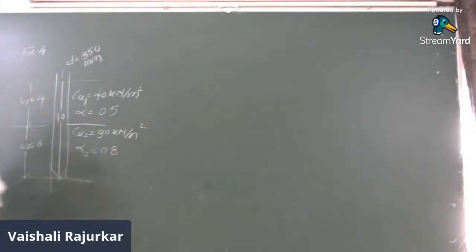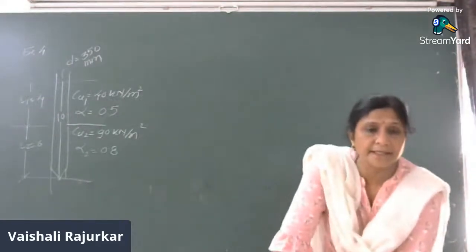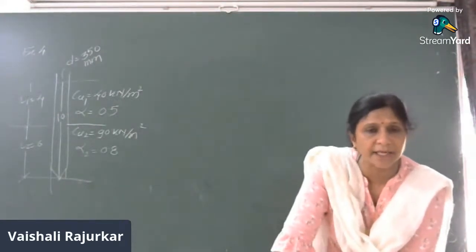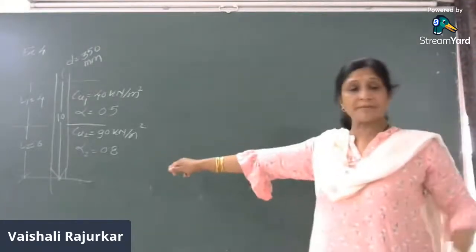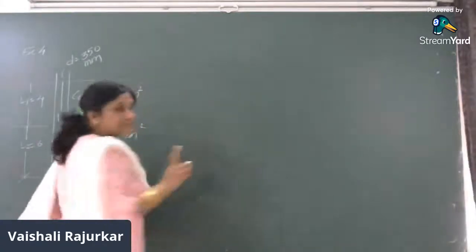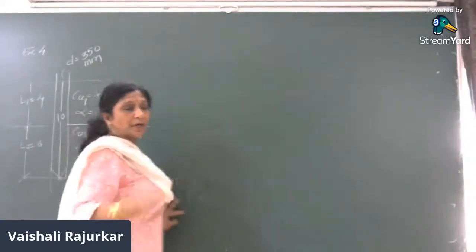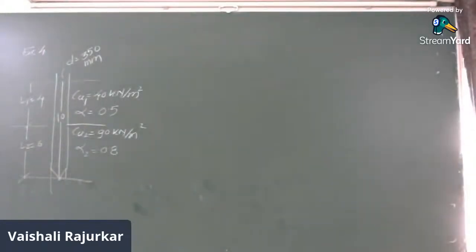So this is the data which is given. Now, the only difference in this case is that when we are determining the load carrying capacity for the tip resistance, we will consider the bottom soil, right? Only a single pile is given, so there is no need to apply the second criteria, because we are not considering a group of piles, so we will use the first criteria only.